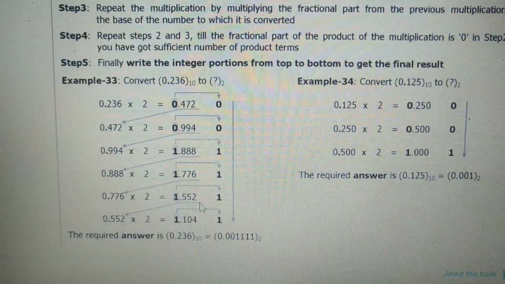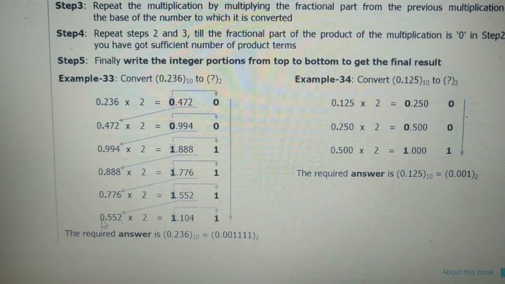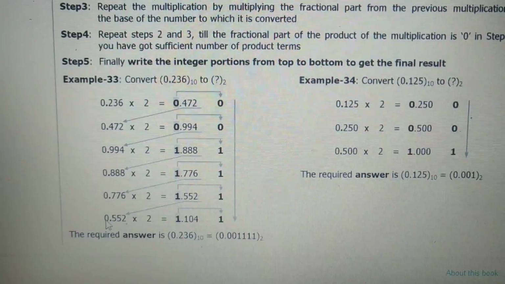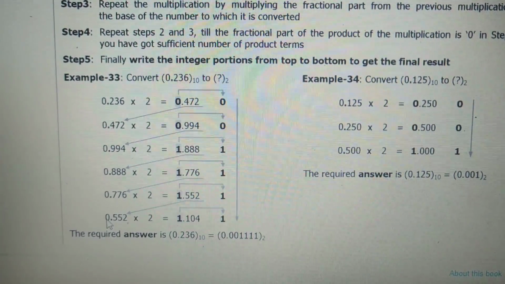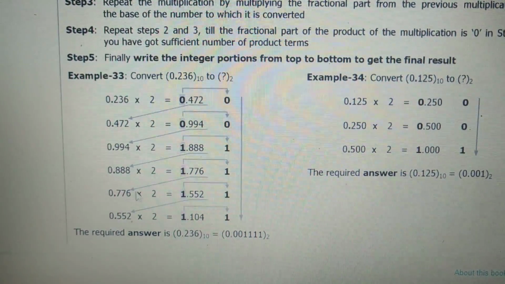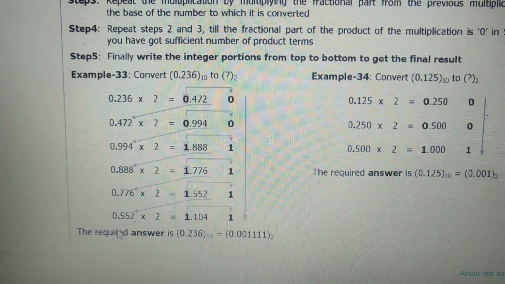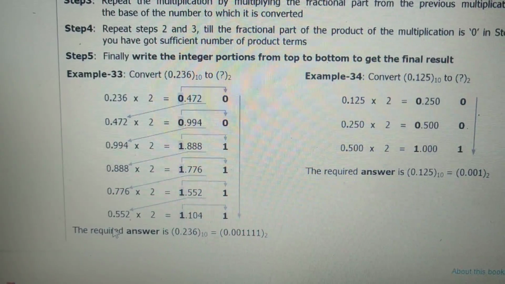Again we write 1 and multiply 0.552 again by 2. We get 1.104. Again we write 1, then again we have to multiply 0.104.